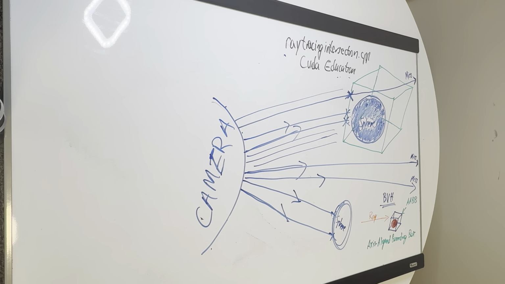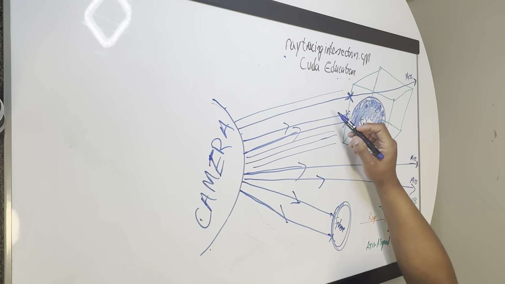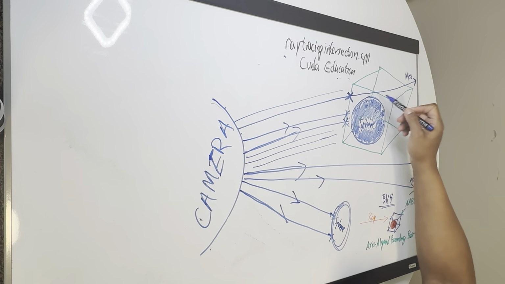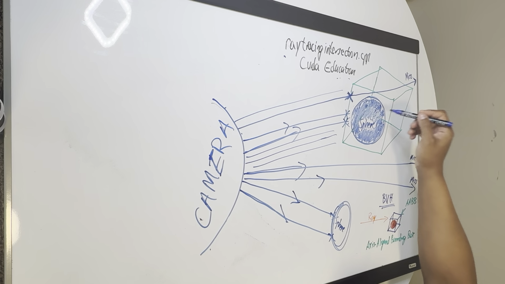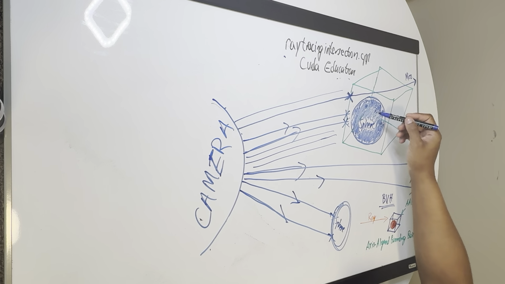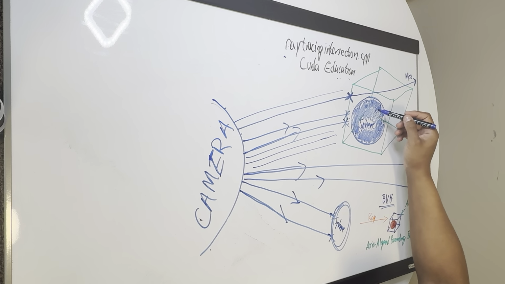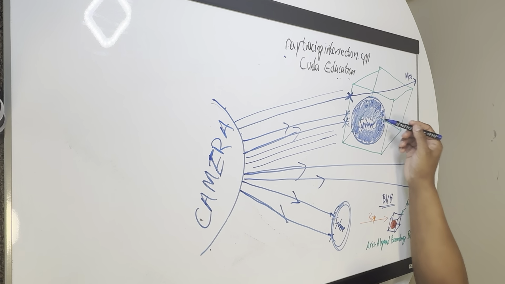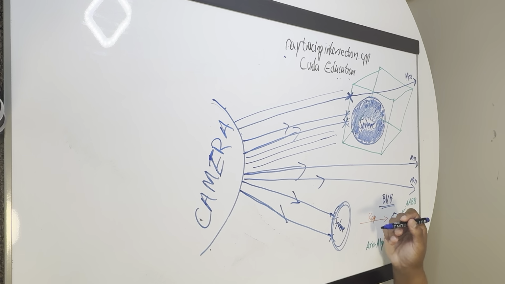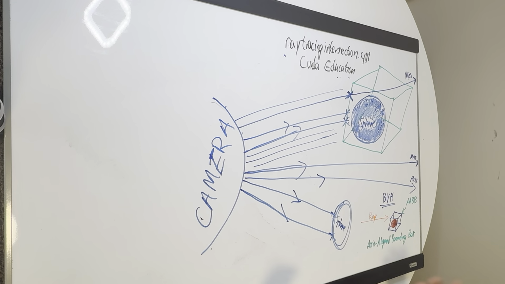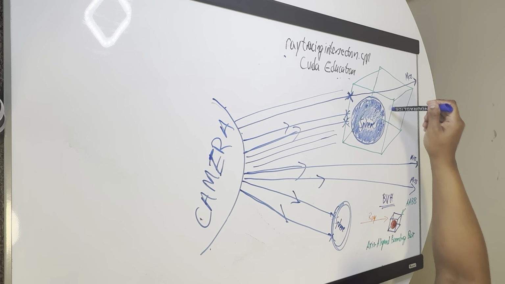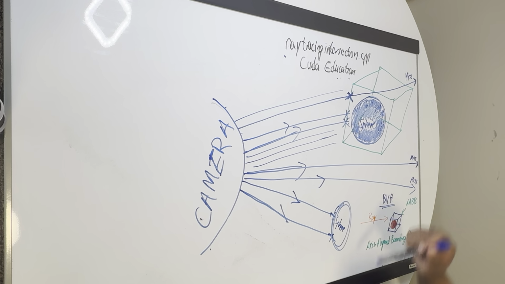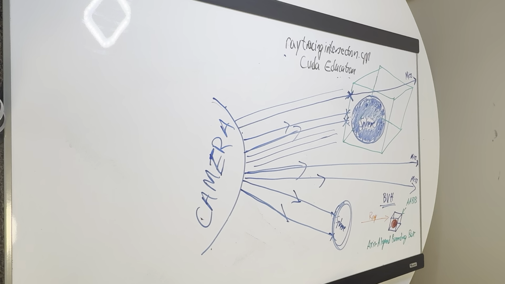Because if a ray hits the axis aligned bounding box, we now have to figure out whether it also hits the sphere. If it hits the sphere, then we have to do extra processing. But in order to figure out whether we hit the sphere, we have to call what they call the intersection shader.